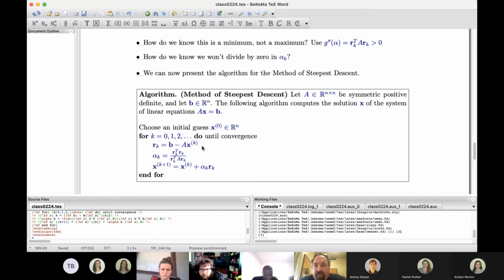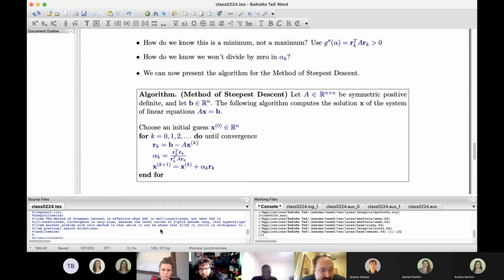Those would be good criteria for stopping the iteration. This iteration is guaranteed to at least make progress towards the solution, but it doesn't always work well.